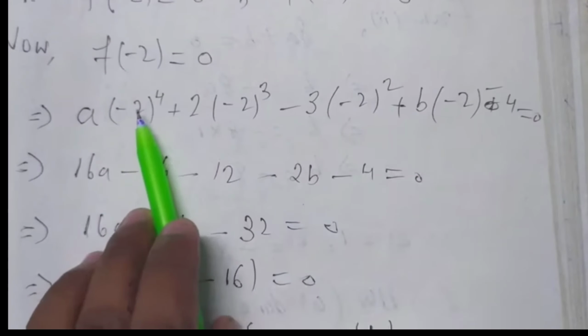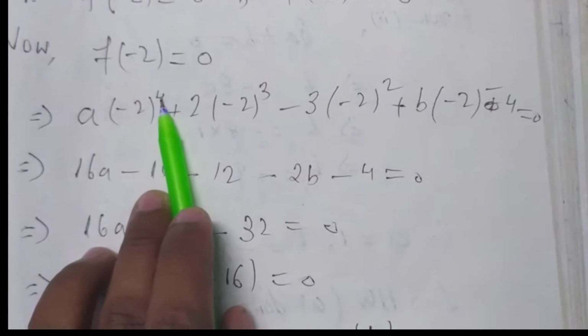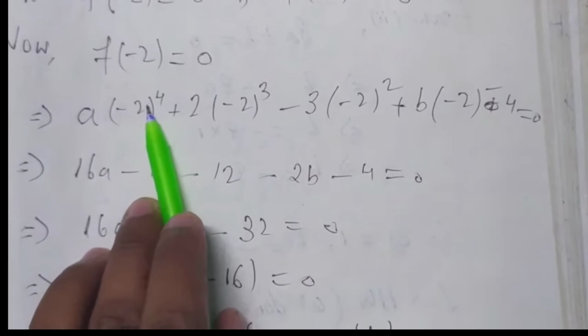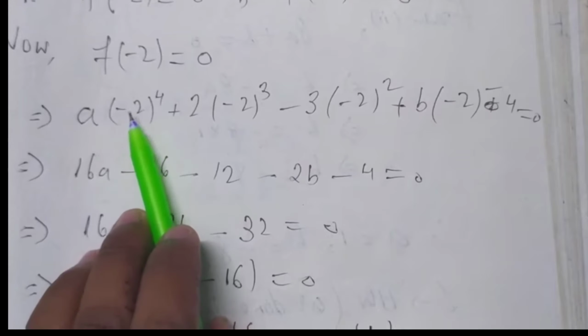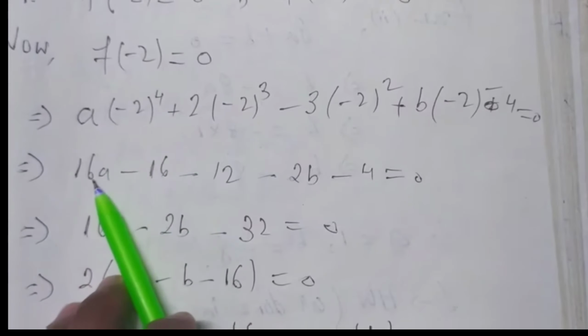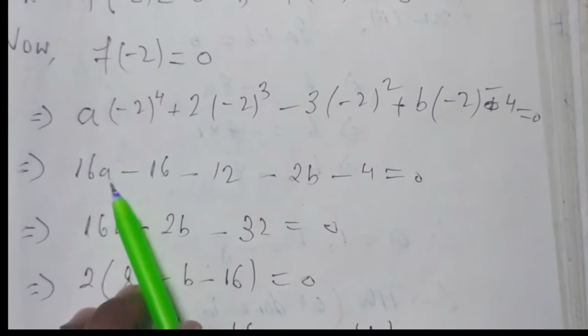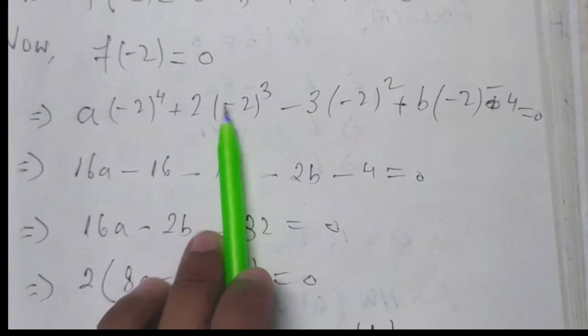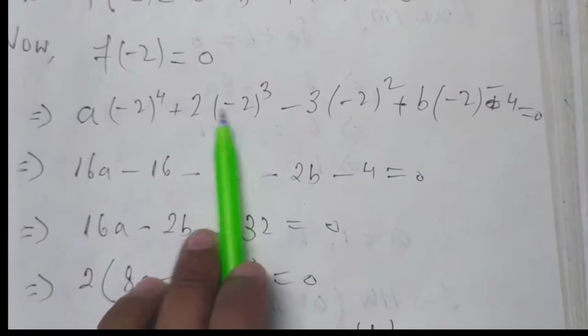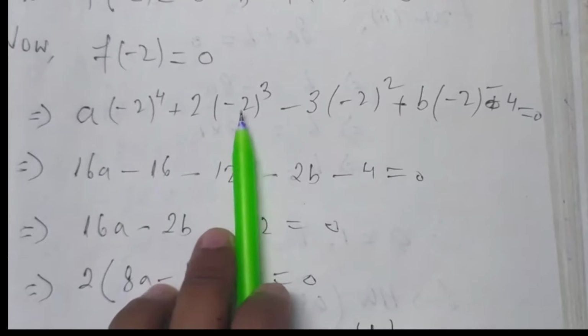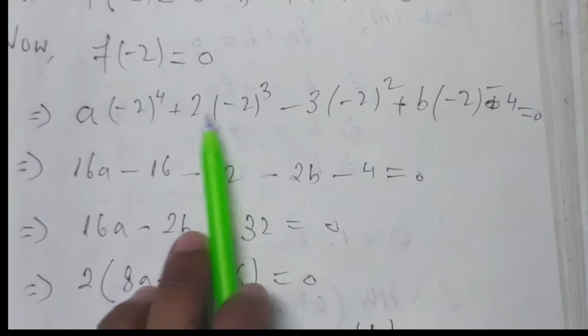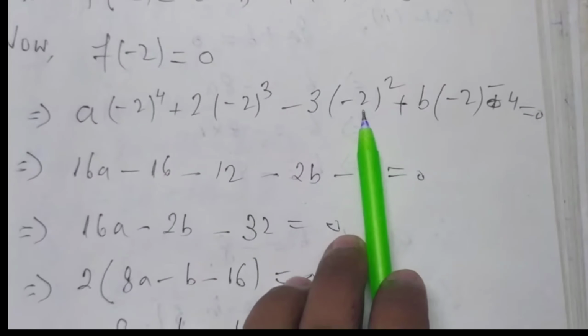Now if you simplify this, minus 2 to the power 4 will be plus, as the even power of minus is always plus. 2 to the power 4 means 16, and this a is written here. Again minus cube is minus, and plus times minus is minus, it will be 8. 2 cube will be 8, and 2 into 8 is 16.